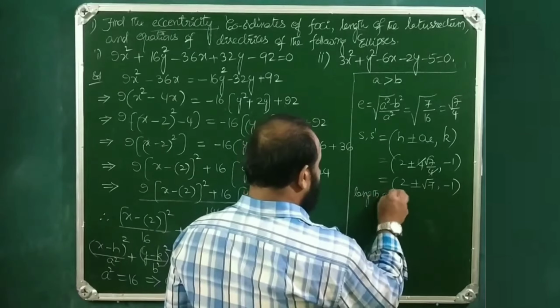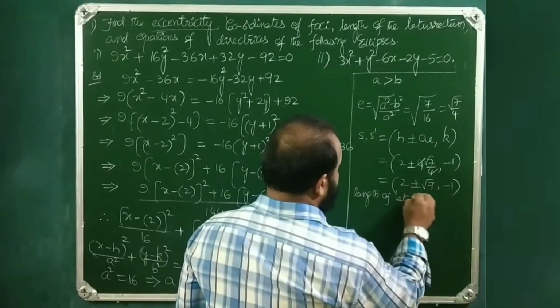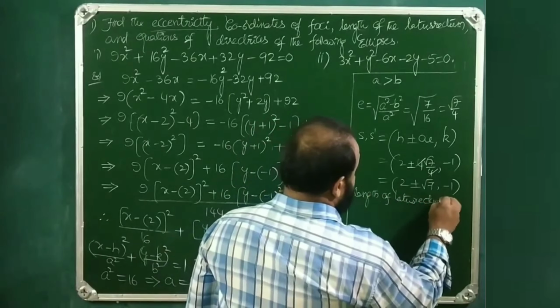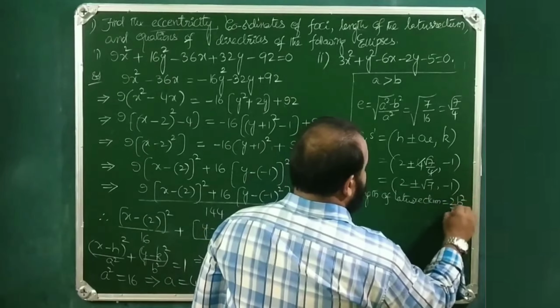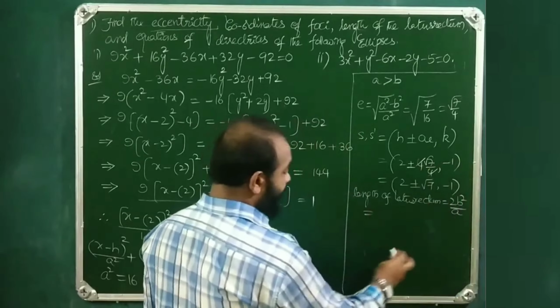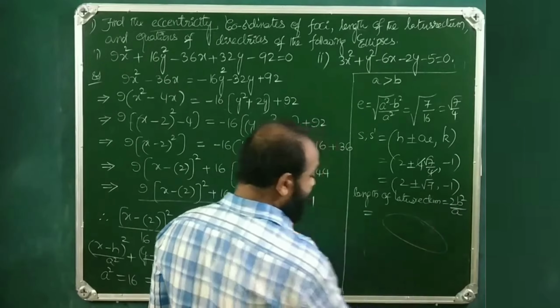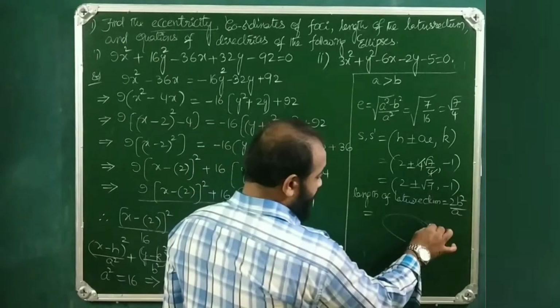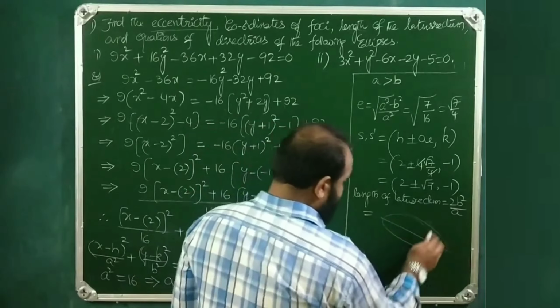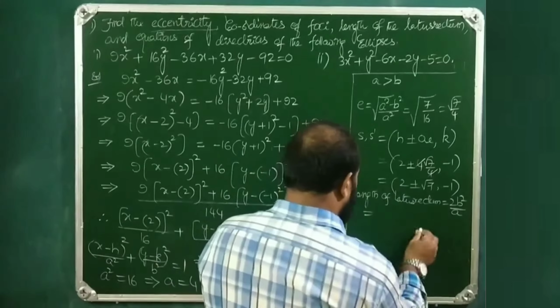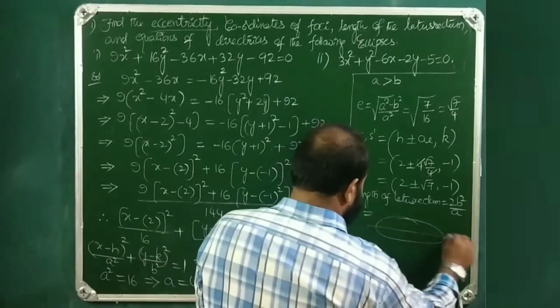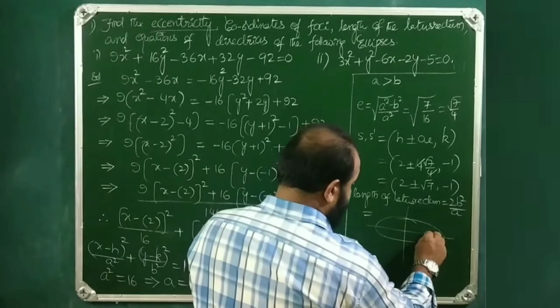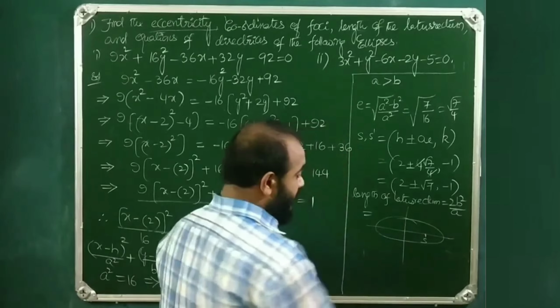Length of the latus rectum is 2b square by a. This is our ellipse, this is the major axis and this is our focus.